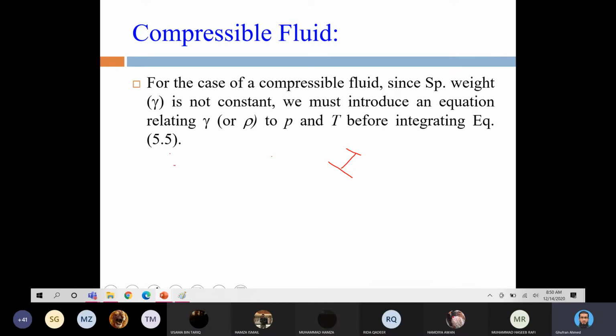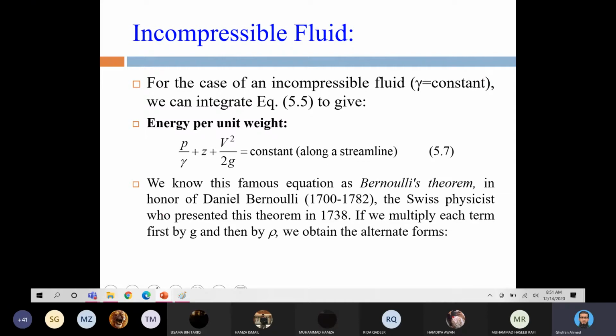But we will not derive this for compressible flow. So we would only consider incompressible flow. For the case of incompressible fluid, gamma is constant, so we can integrate the equation.